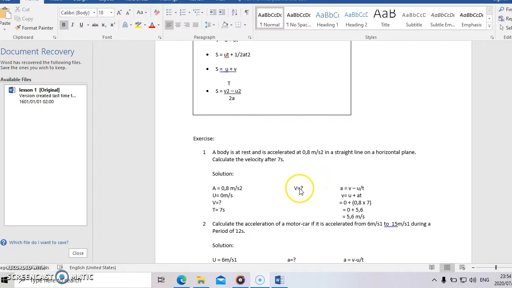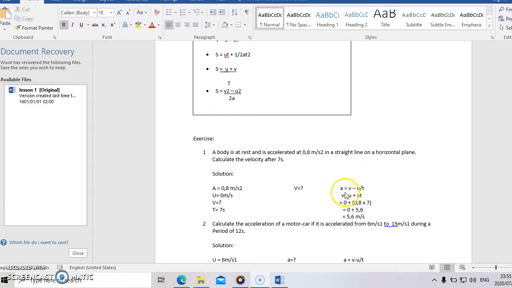Now how do we get the velocity? We know the velocity is equal to displacement over time. In this case, we don't have displacement, but we have time. So we're going to use the formula which says acceleration is equal to v minus u all over t, because we have acceleration, we don't have v, which is what we are looking for, our u is 0, and our time is 7.